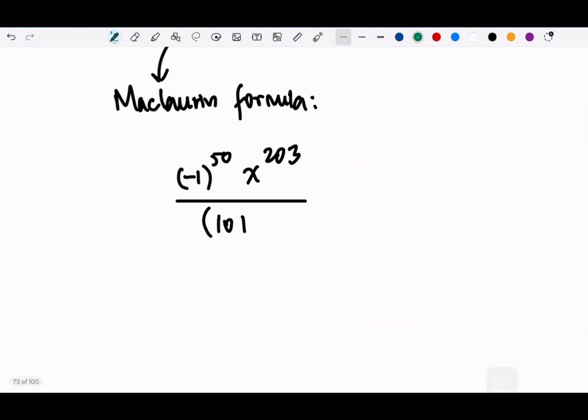So this will be 101 factorial. Since negative 1 with power of 50 is even, it will be positive. Okay, so this is the coefficient that we want.